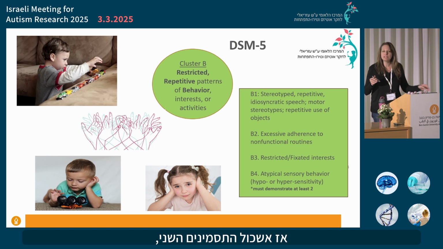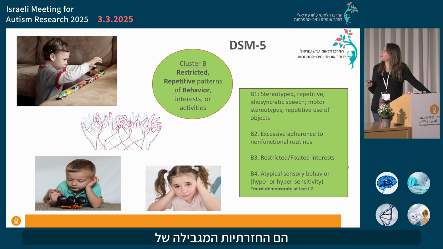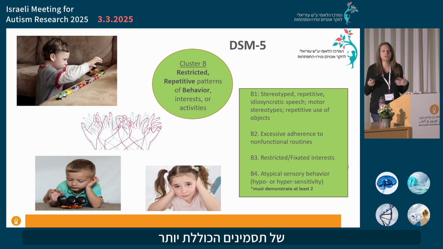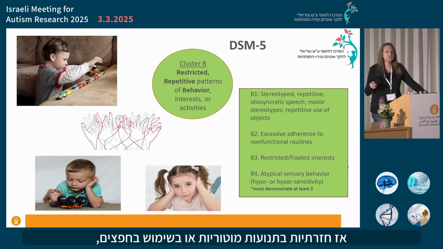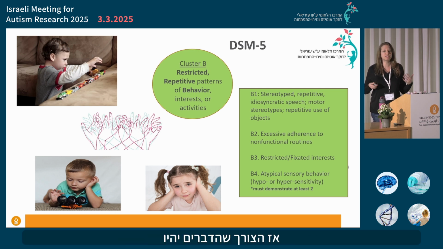Okay, so the second symptom cluster, cluster B, are the restricted repetitive patterns of behavior, interests, or activities. And this is a larger group of symptoms, a wider group. It includes more types of behaviors. So repetitiveness in motor movements or in use of objects, insistence on sameness is the second criteria, so needing things to be the same and happen in the same way over and over again.